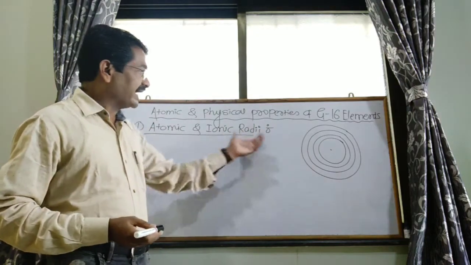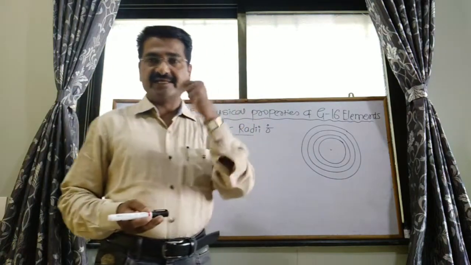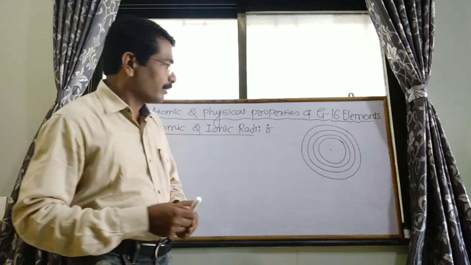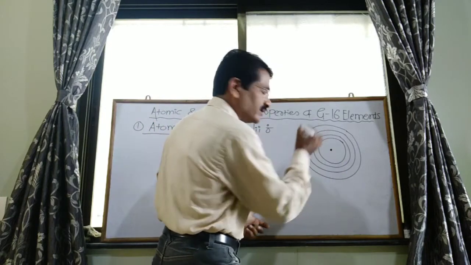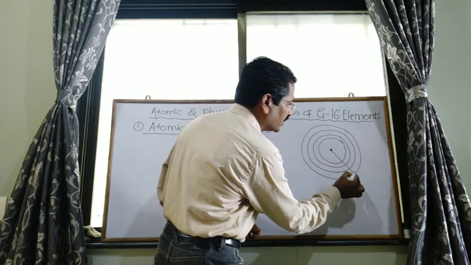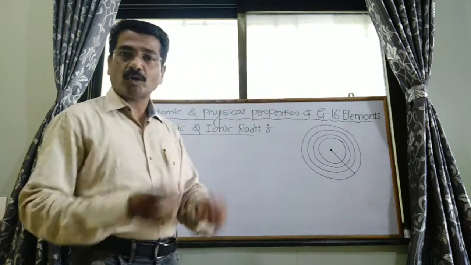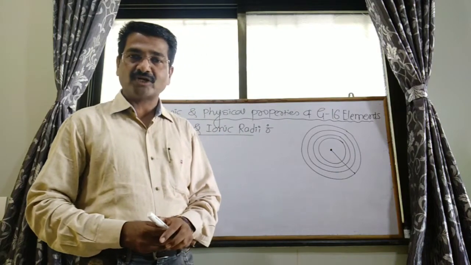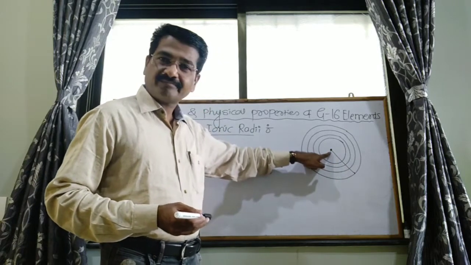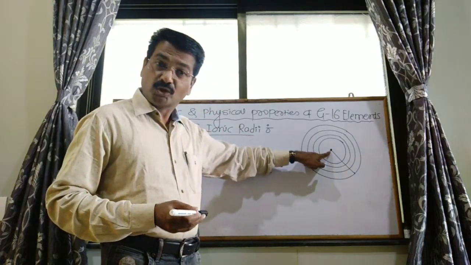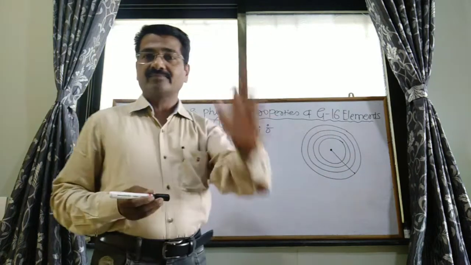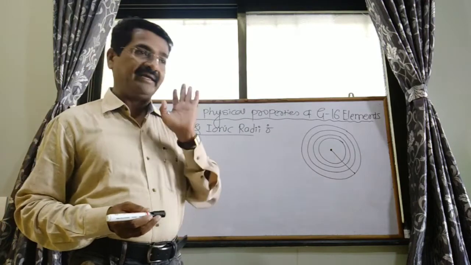So what about the radius of an atom? The distance between the center of the nucleus to any point on the last shell of that atom of an element is called the atomic radius.